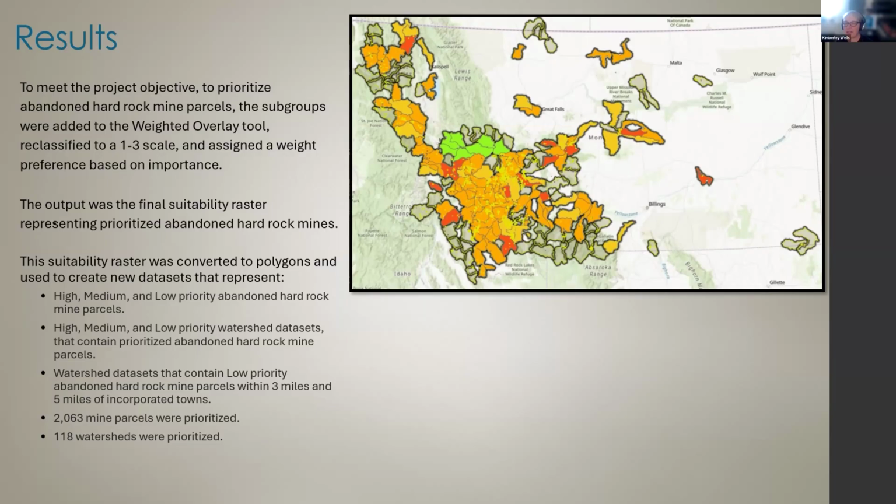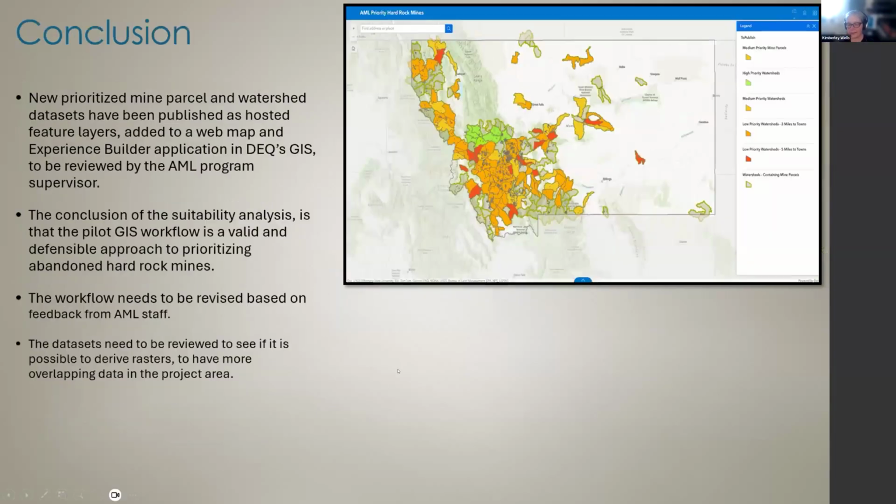There are high, medium, and low priority watershed data sets that contain prioritized abandoned hard rock mine parcels. And then watershed data sets were created with low priority abandoned hard rock mine parcels within 3 miles and 5 miles of incorporated towns. 2,063 mine parcels were prioritized and 118 watersheds were prioritized.